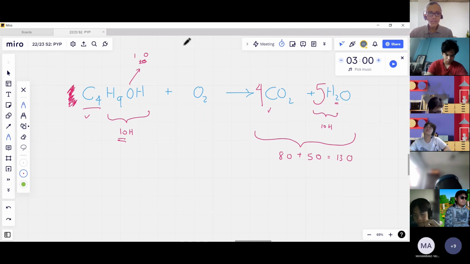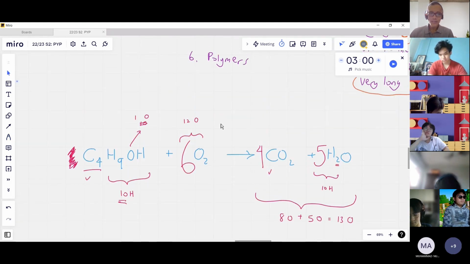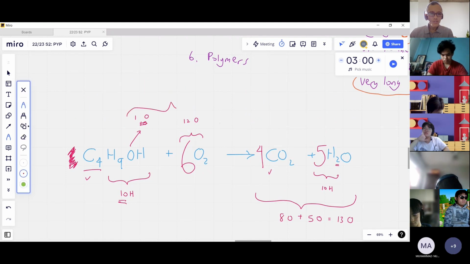I will take 13 minus 1, 12, 12 divided by 2 will give you 6. So now I have 6 times 2, 12 oxygen. Of course, all together, 1 plus 12 will give me 13 oxygen, which is the same here.